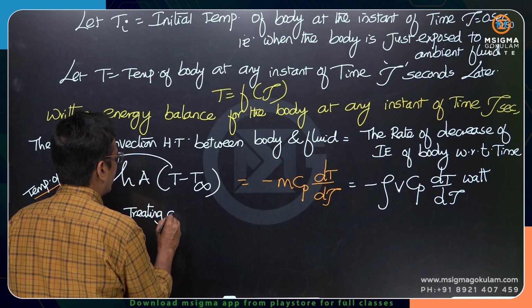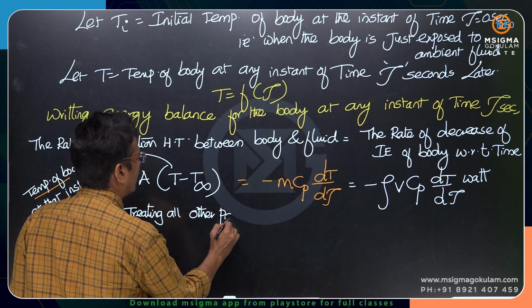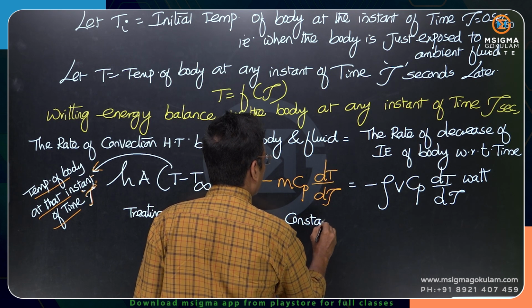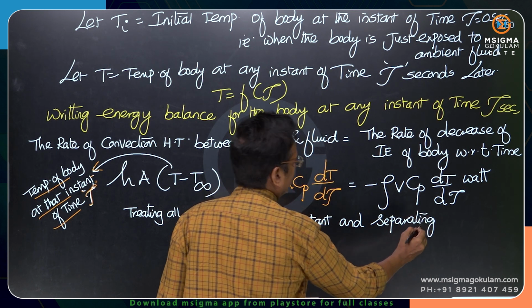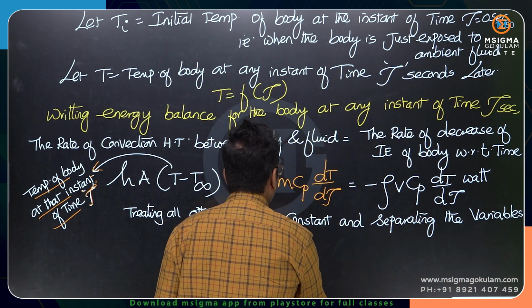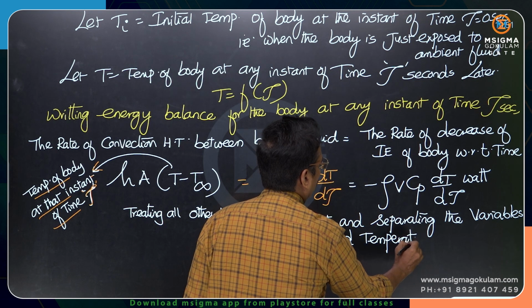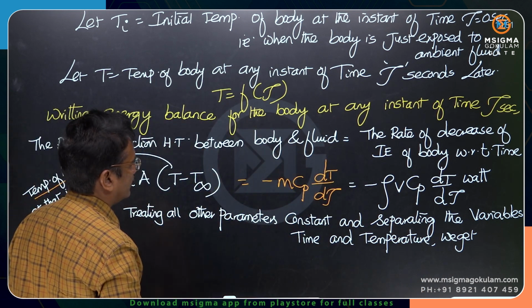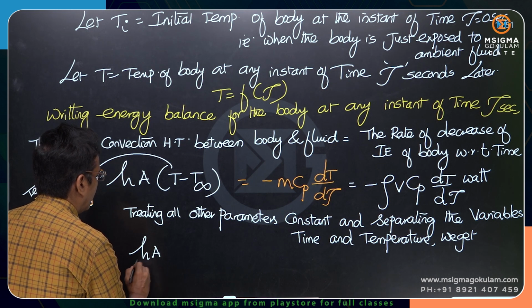Treating all other parameters constant and separating the variables, time and temperature, we get HA by rho V Cp.